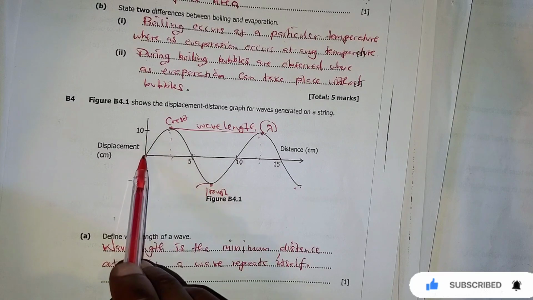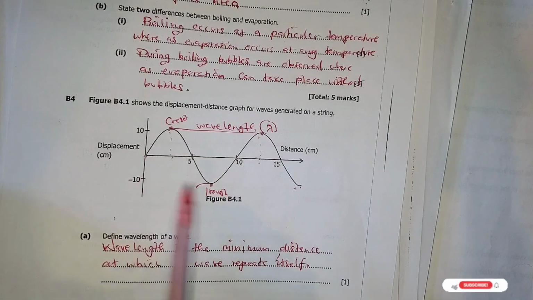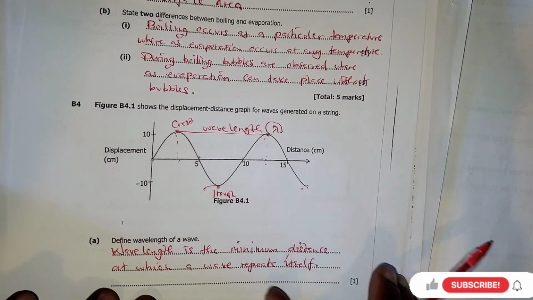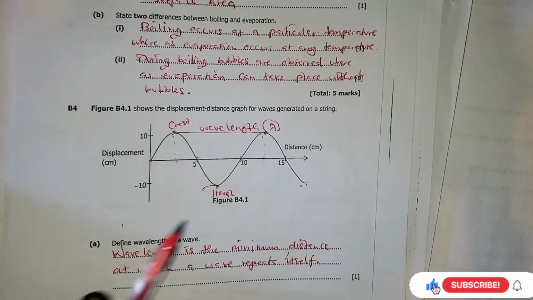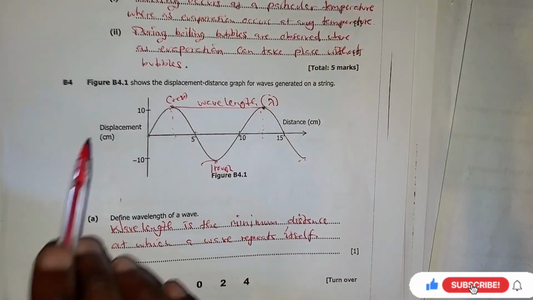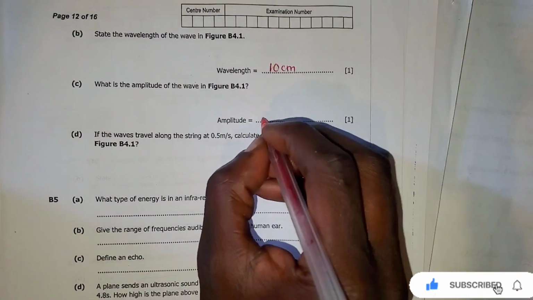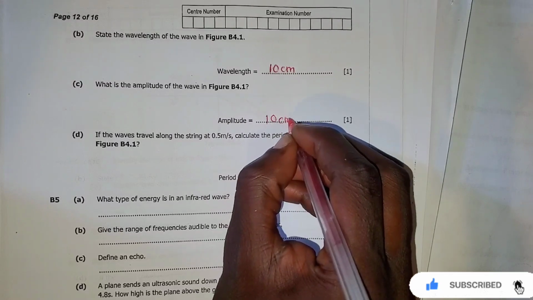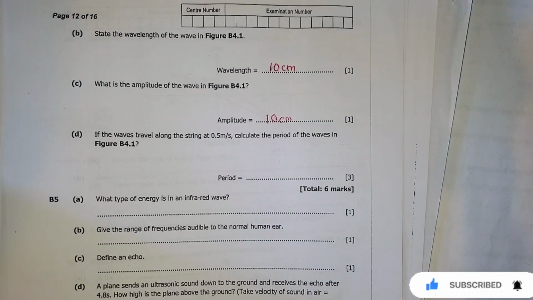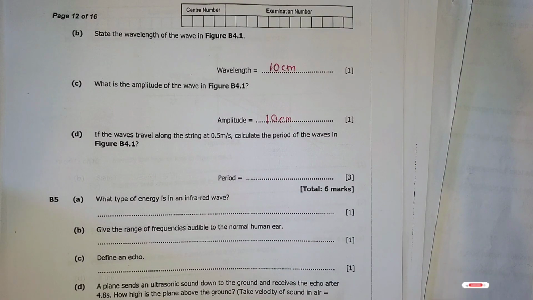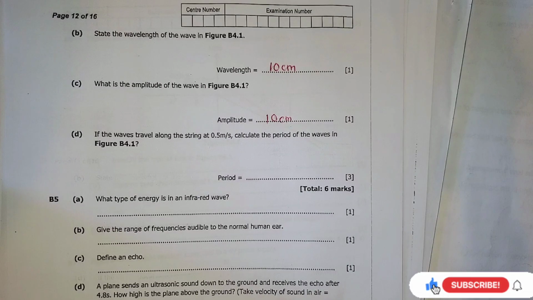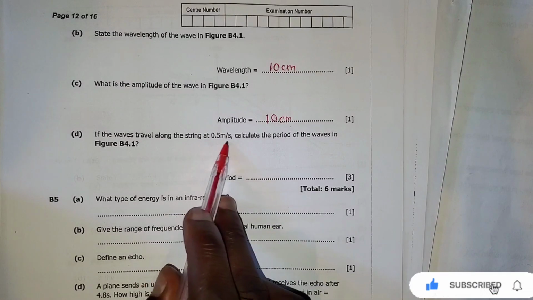So this is 10, this is also 10. Now we get the positive value. So we're going to say 10, the unit is in centimeters. So even here, 10 centimeters.